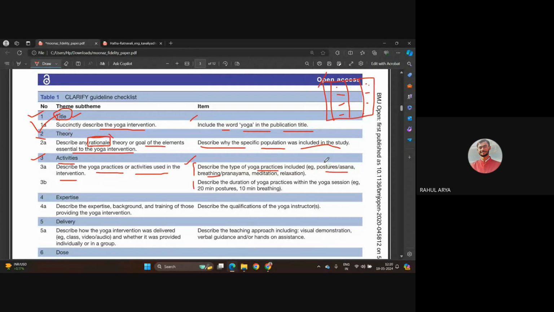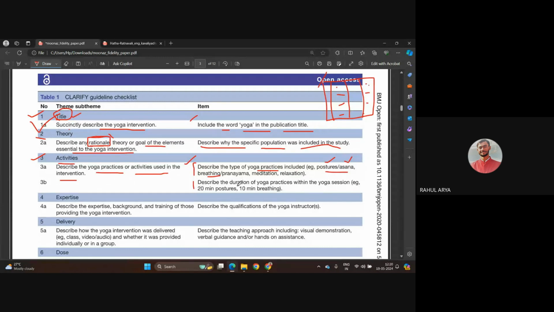You have to explain the postures, the prayer, everything in your study, in your module. If you are working on any individual practice, you have to explain that individual practice, describing the proper method: how to do it, when to do it, how long to do it.